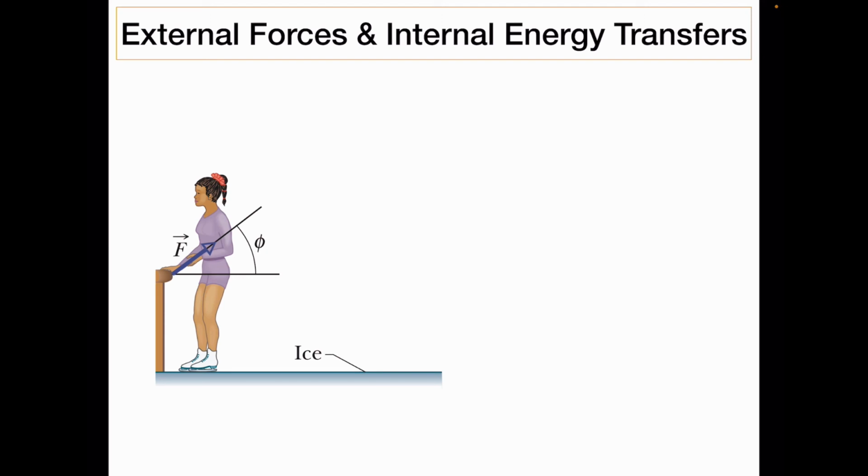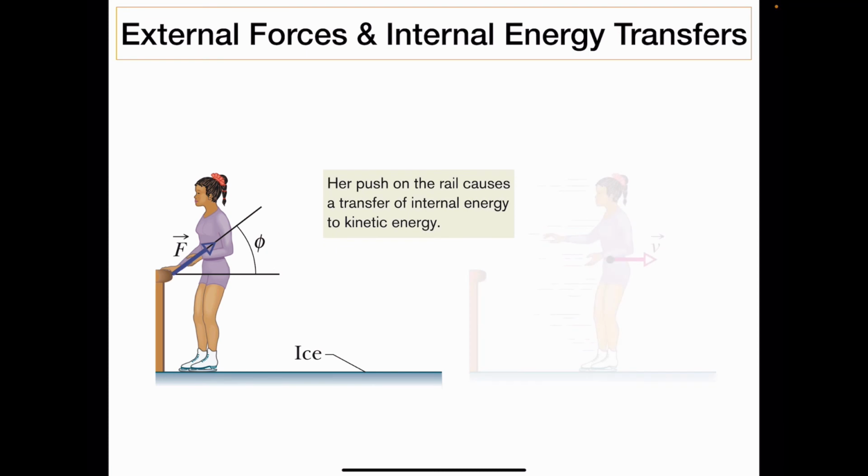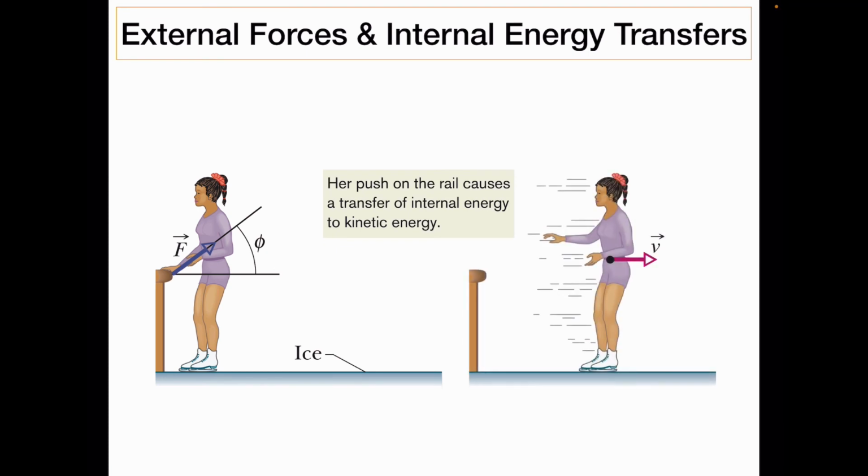Okay, let us consider this example here. Initially, a stationary ice skater. She is standing by a rail, and she pushes herself away from the rail, and then slides over the ice.